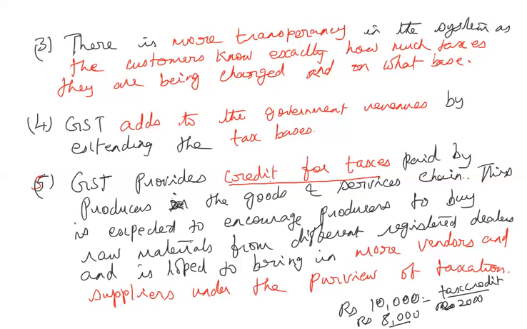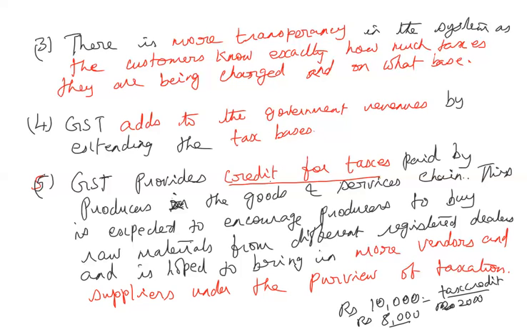So more people will be covered under the tax. Because of that, the government wants to encourage this producer, and in turn, this producer will also be induced, encouraged to bring more and more people under the purview of taxation. So more dealers, different vendors, different dealers who were escaping the taxes before, all those people will be covered under the tax regime.